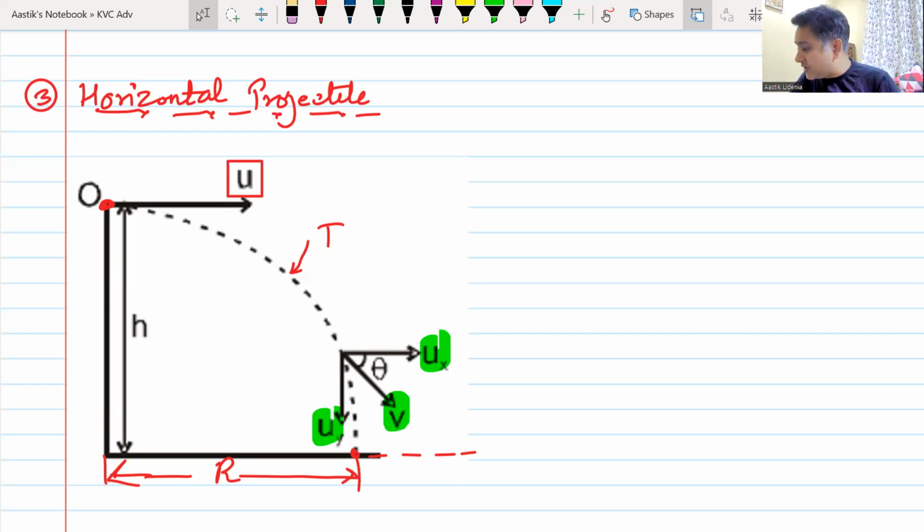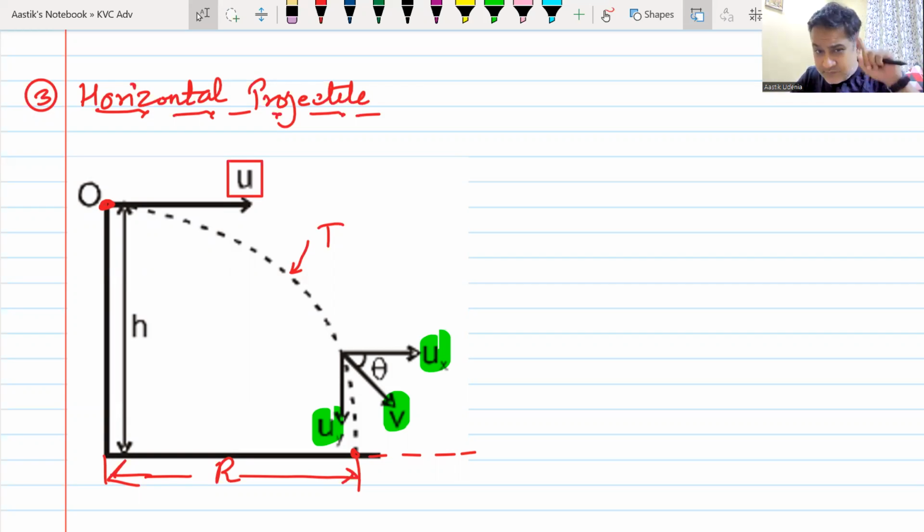Have you drawn this diagram? Now, how are we going to solve this? We don't have any special method to solve this. We are going to write the equation along horizontal and vertical.